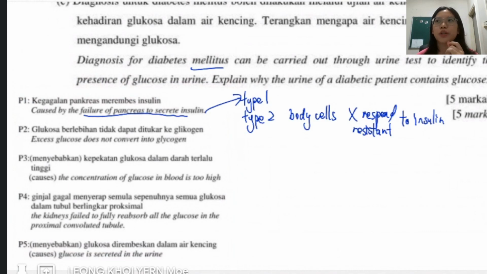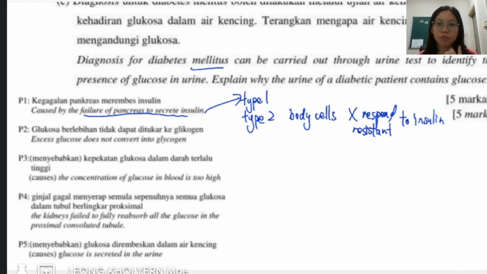But type 2 is normally due to our lifestyle. I'm just talking about the majority. So type 2 is normally due to lifestyle, like you consume a lot of sweet stuff, sweet drinks, a lot of high glucose content food.